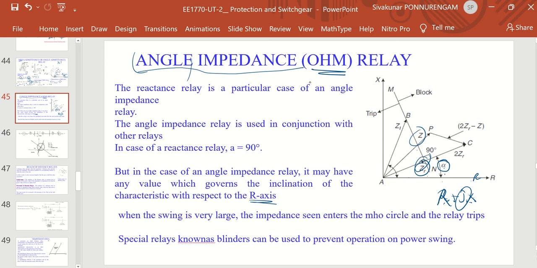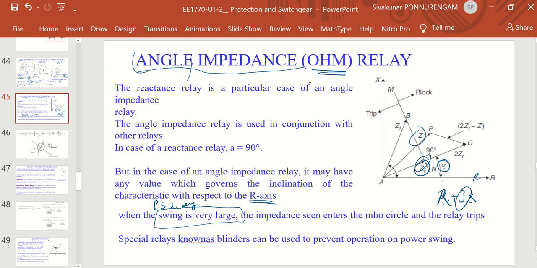R can contribute the major part of the impedance. So when the swing is very large, the impedance seen enters the Mho circle and the relay trips. Suppose there is a power system swing. During that time, the Z value is changing.